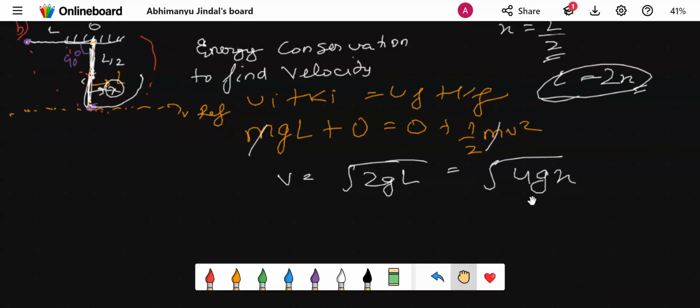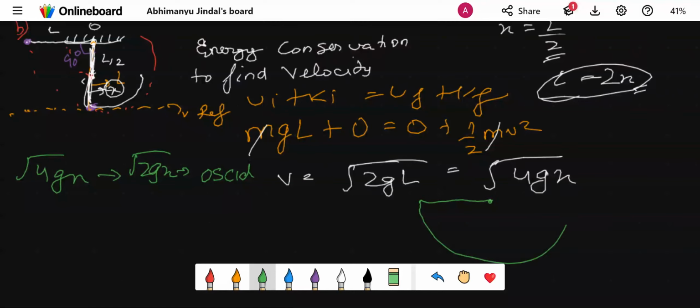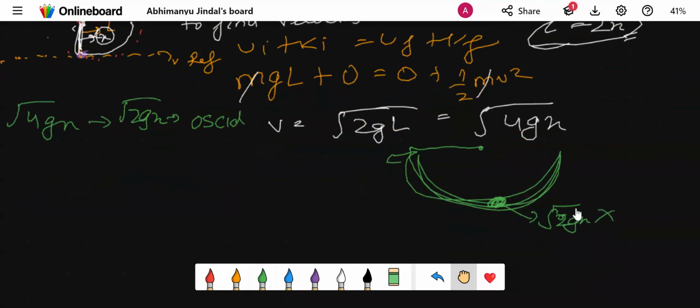So root 4gx. Now here we need to run our brain even harder, because when I say root 4gx, there are two things that come to your mind. When it's root 2gx, it means there's an oscillation this way. Remember, if you leave something from here, then it oscillates like this, and the velocity here is root 2gx, with the radius being x. But now it's root 4gx.